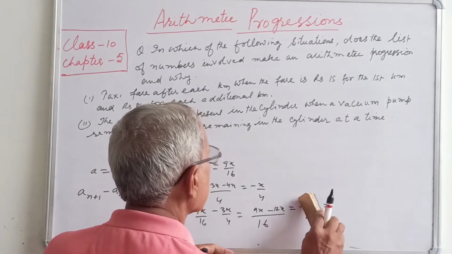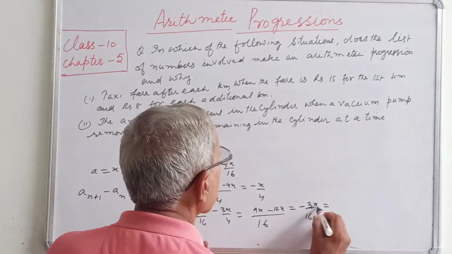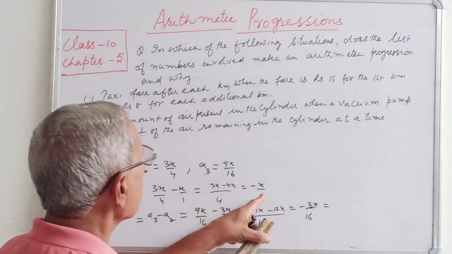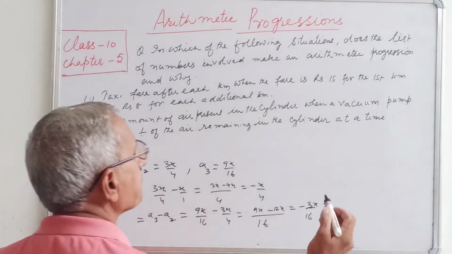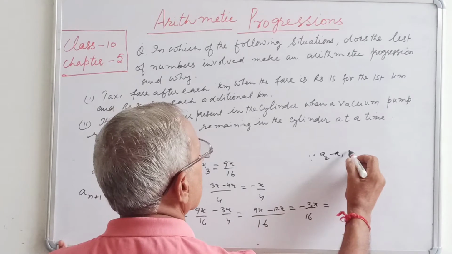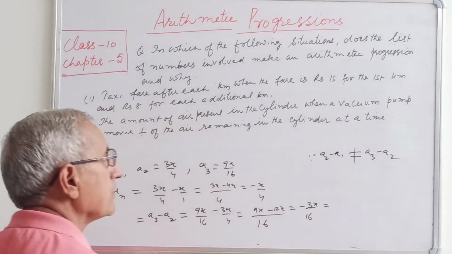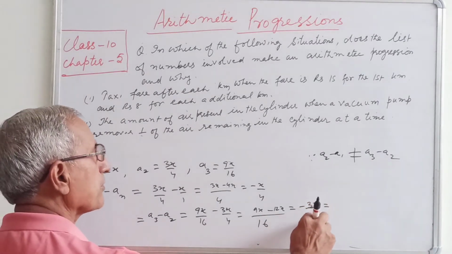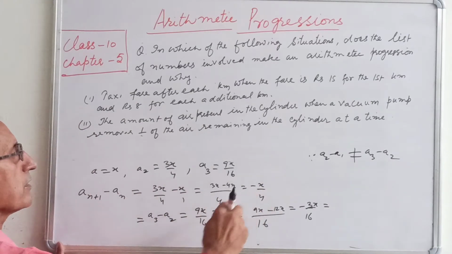That is, 12 minus 9, that is 3. So minus 3x/16. So since a2 minus a1 is not equal to a3 minus a2, a3 minus a2 is minus 3x/16, whereas a2 minus a1 is minus x/4.